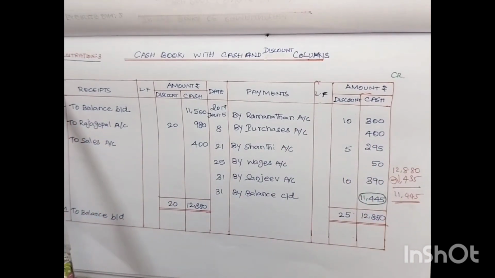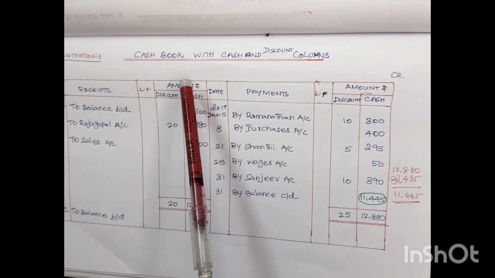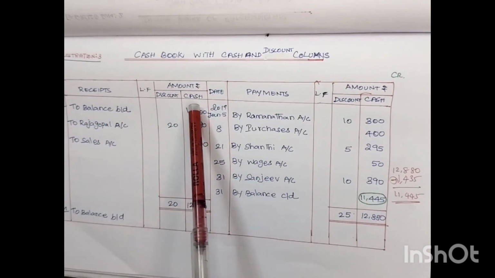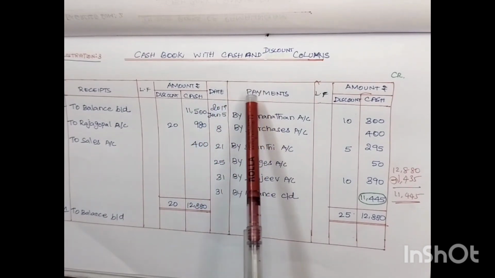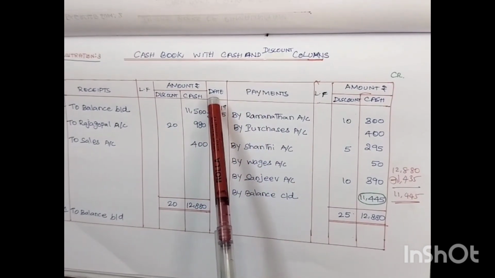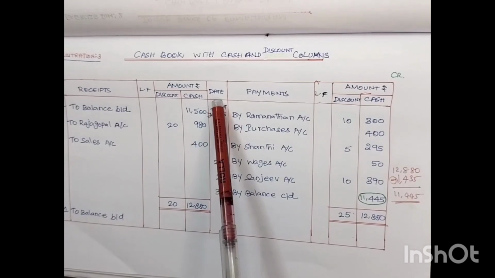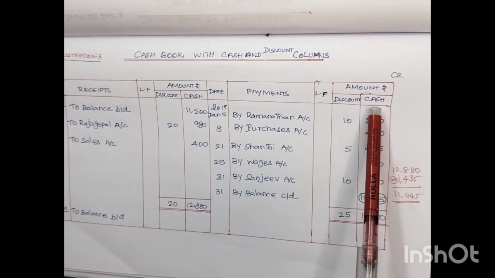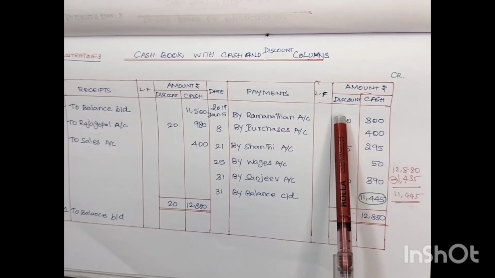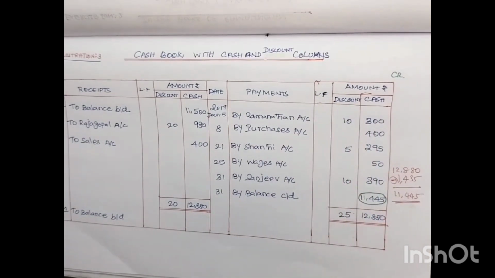Debit side has 4 columns and credit side also has 4 columns. Debit side has date, receipts, LF, and the amount column is subdivided into 2 columns, that is discount and cash. And the credit side also has 4 columns: date, payments, LF, and amount columns subdivided into discount and cash columns.